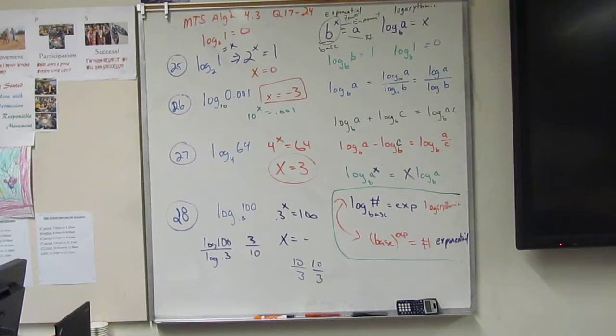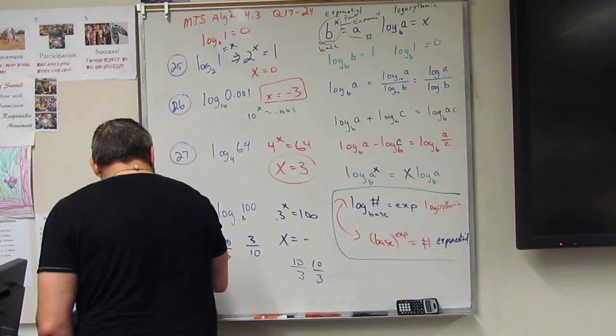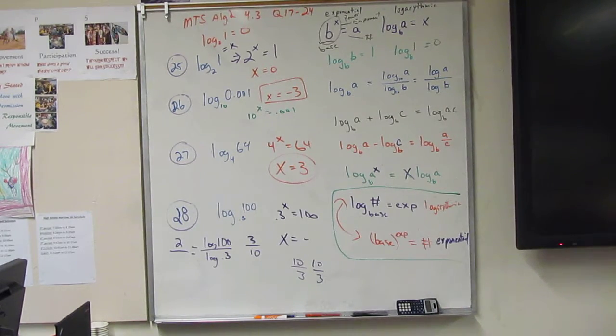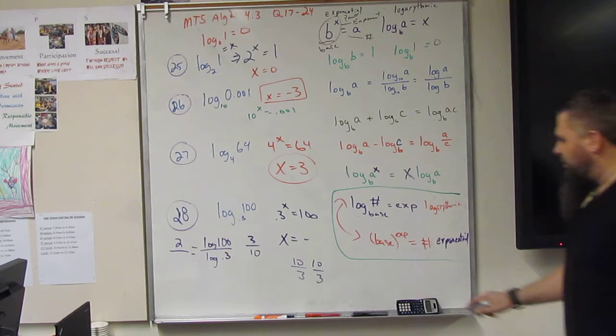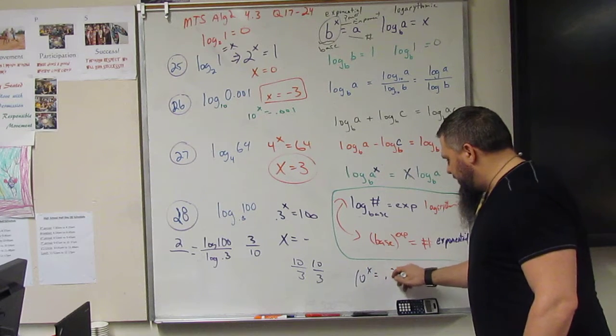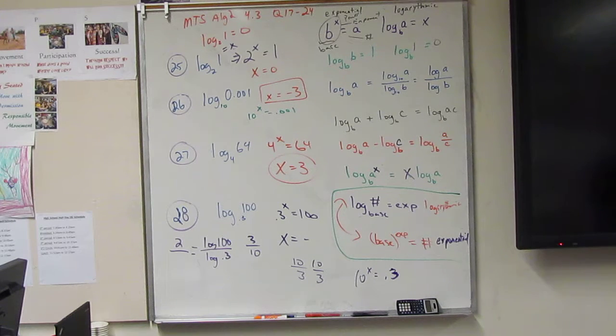So 10 to the 2, right? So that would be 2, right? So I know that this is equal to 2 over, now I'm thinking, okay, log base 10 of 0.3. Well, 10 to some number is equal to 0.3. I've got to figure out what 10 to some number equals 0.3 is. That's my biggest problem, though, right? 0.3 is 3/10, right?